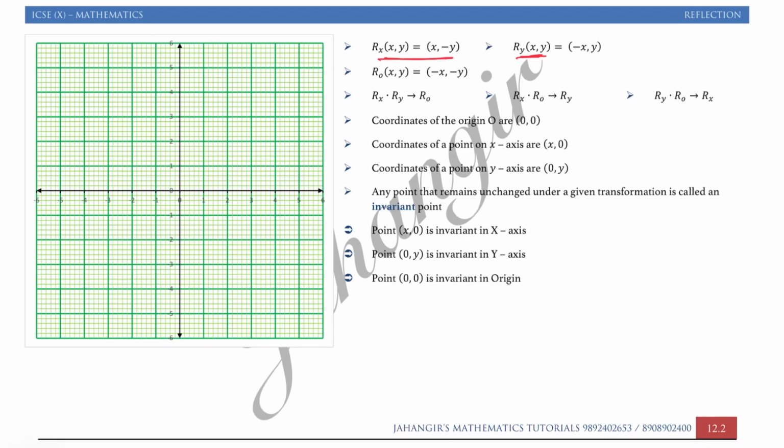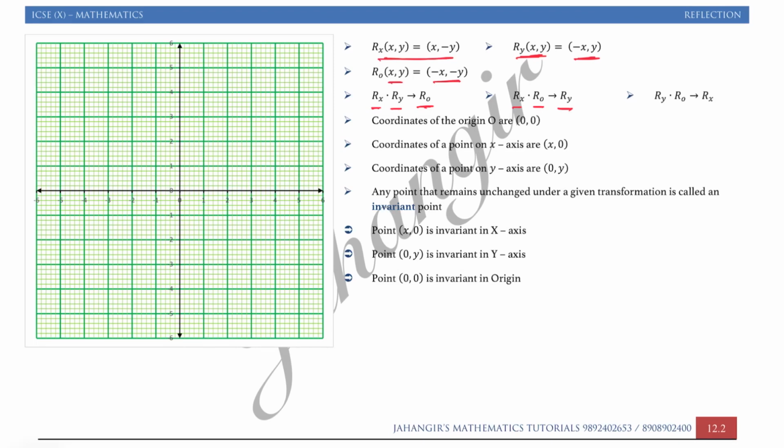Reflection in y-axis of x and y, its x coordinate will change sign. Reflection in origin of x and y, both coordinates will change sign. Now first, if you are reflecting in x-axis followed by y-axis, the single transformation will be origin. If you are reflecting in x-axis followed by origin, then the single transformation will be y-axis.